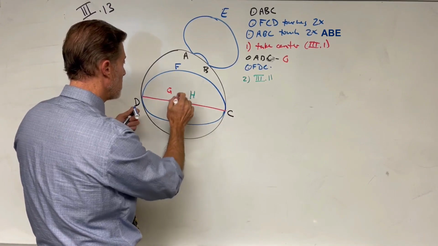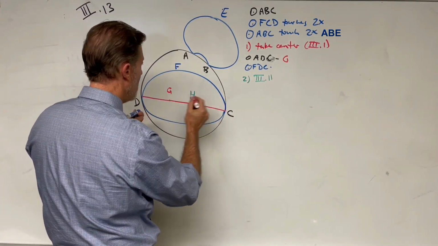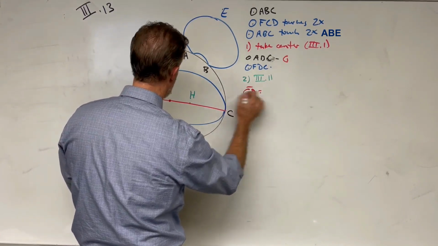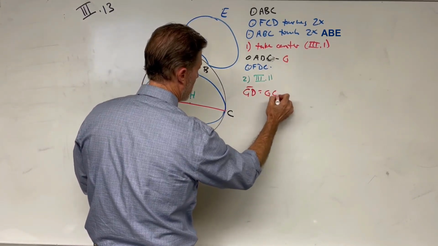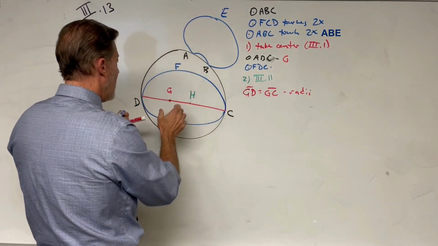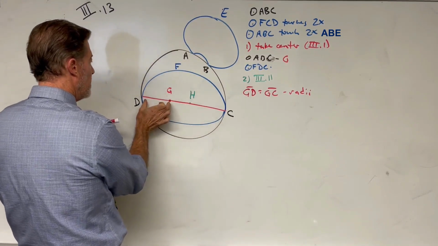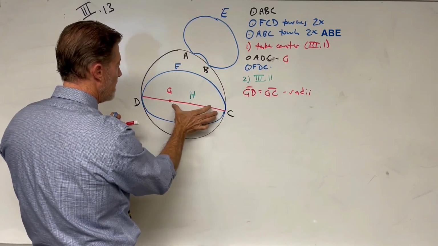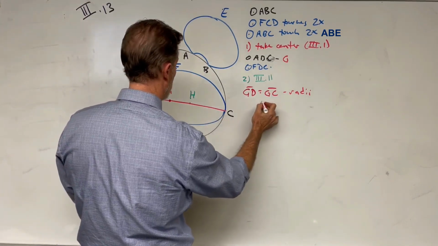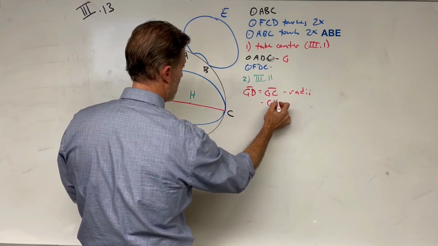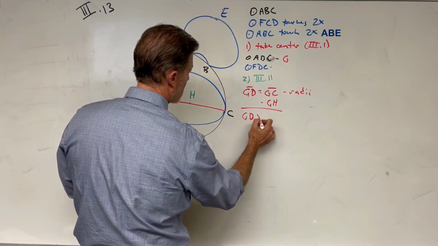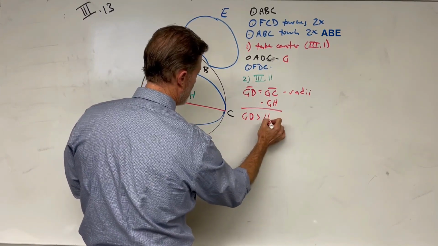So now let's look at this black circle. If this is the center, we know that GD is equal to GC because those are radii of the same circle. And if GD is equal to GC, then if we remove GH from GC, the remainder, GD, has to be greater than the remainder, which is HC.